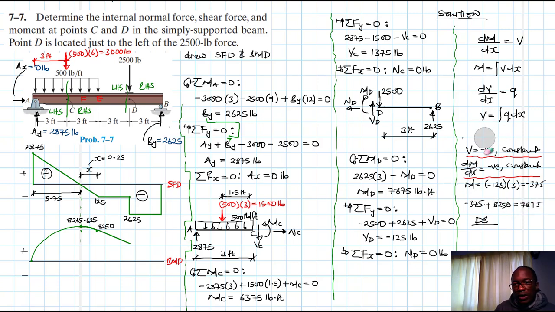Let me just indicate it on top here. So DB, what was the magnitude of that one that we found? This one was 78.75. We need that one.